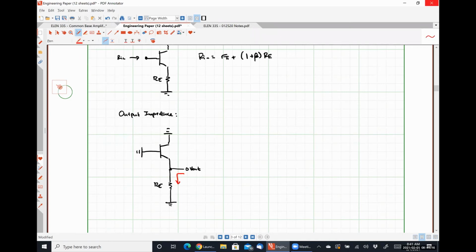We're going to see something this way, but we could also potentially see something in the up direction. So we might see some internal resistance of the transistor itself. So it might be related to R pi, something like that, okay? So we can't just say it's RE, because there's another path to ground that our signal could take. We need to take that into account.